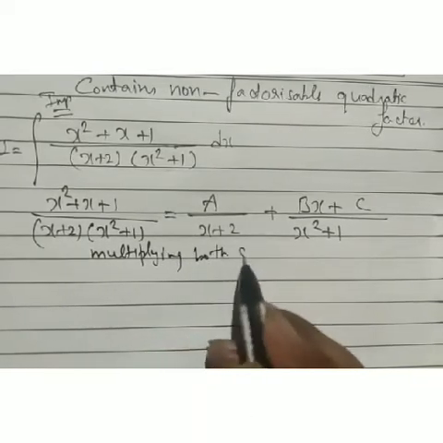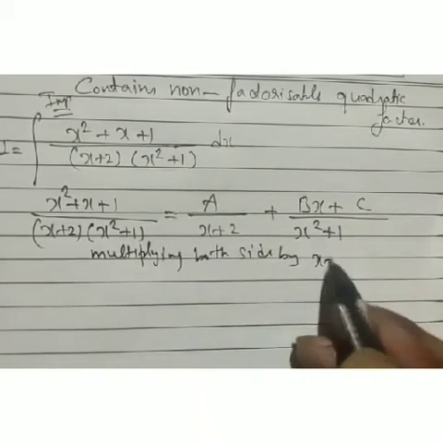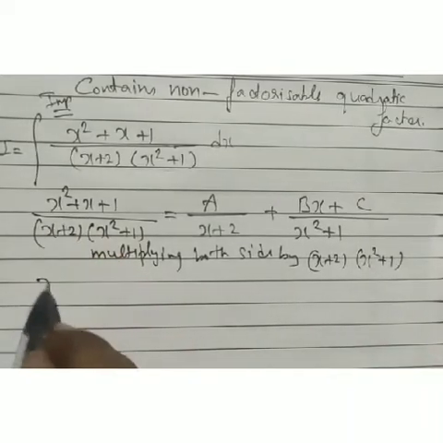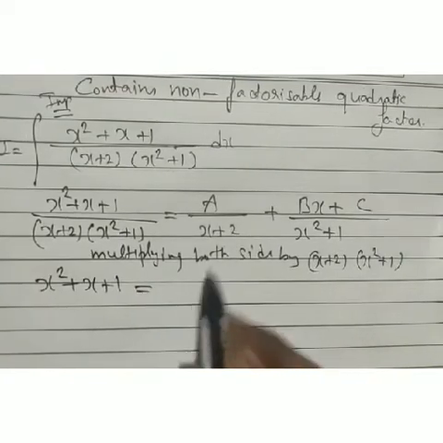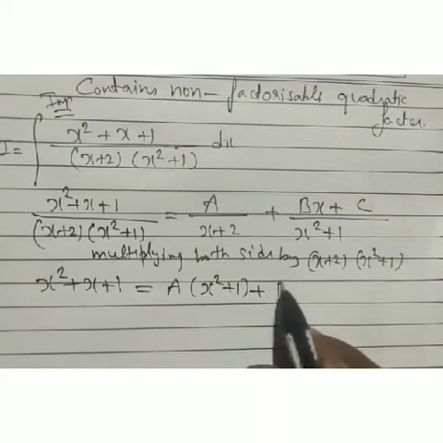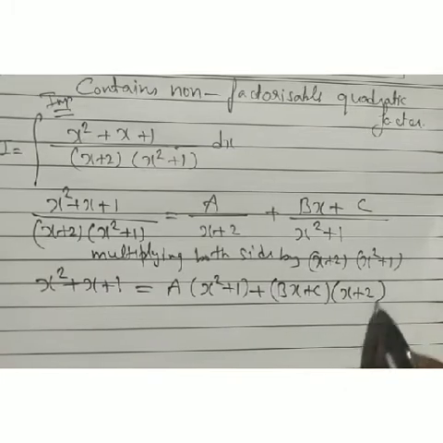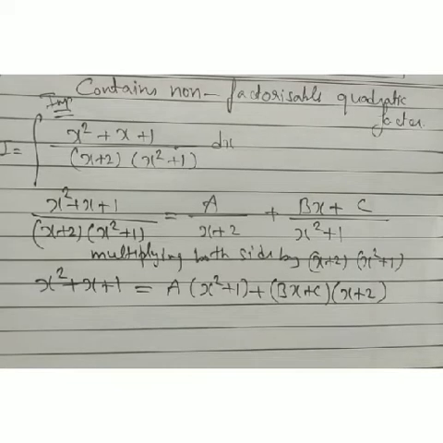Multiplying both sides by x plus 2 into x square plus 1, we have x square plus x plus 1 equals a into x square plus 1 plus bx plus c into x plus 2.